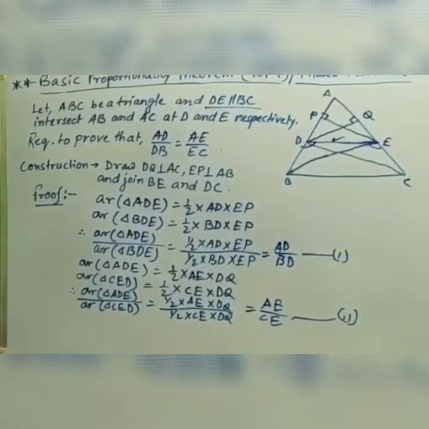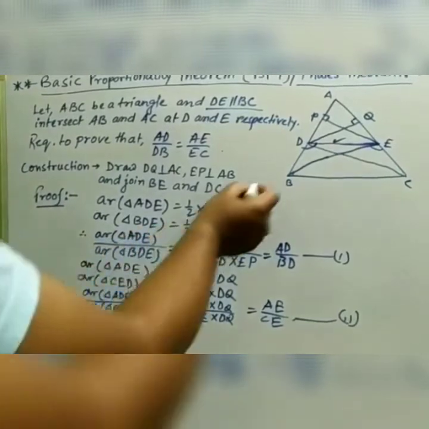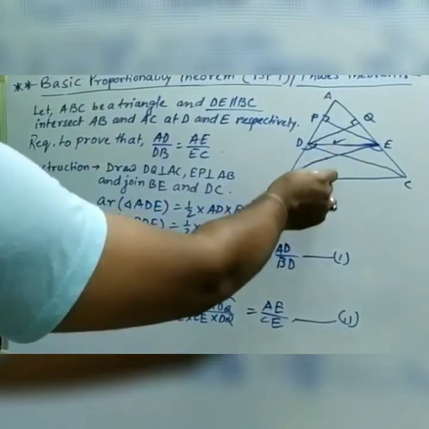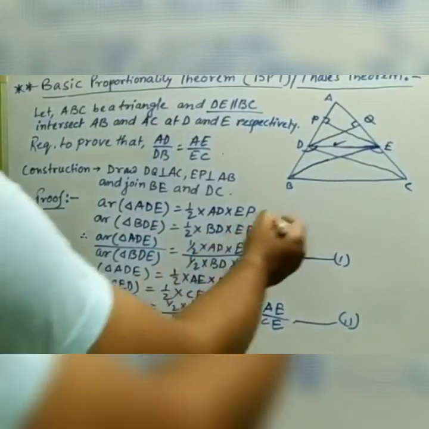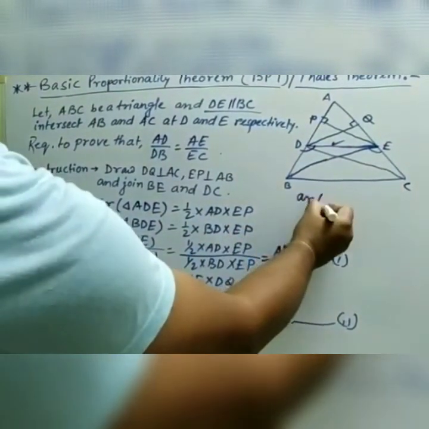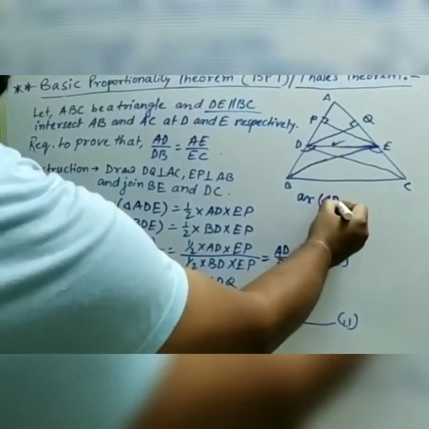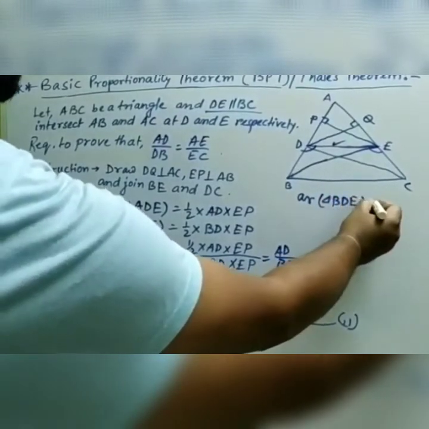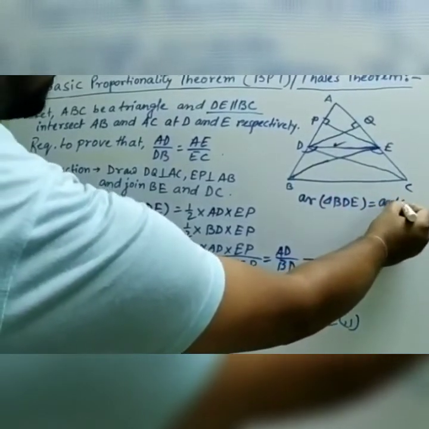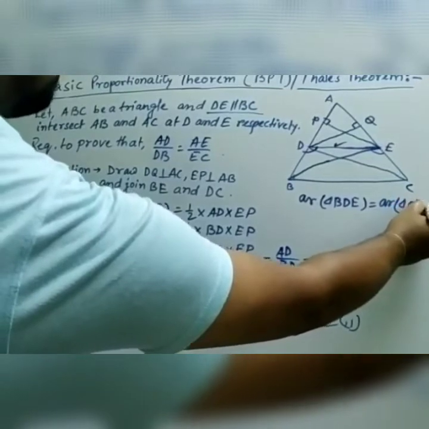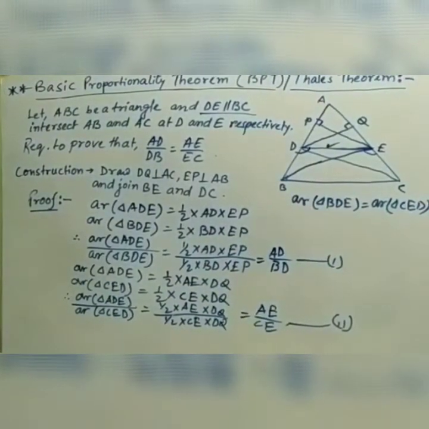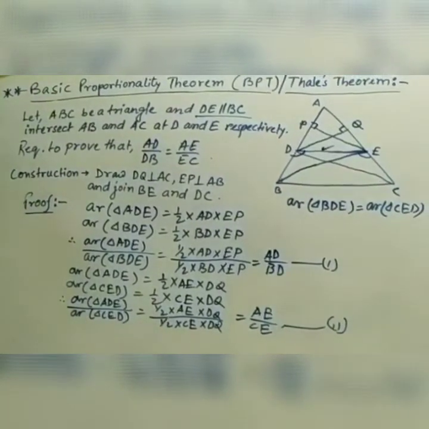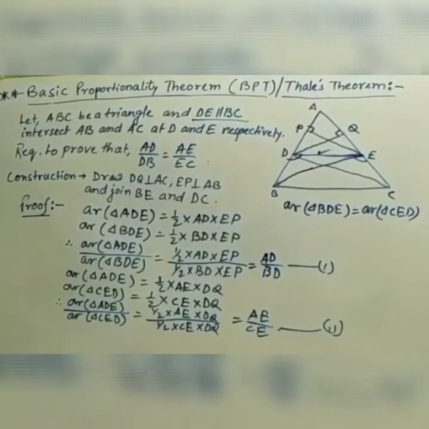As we know from class 9, triangles on the same base and between the same parallels are equal in area. So from here we can write area of triangle BDE equals area of triangle CED.